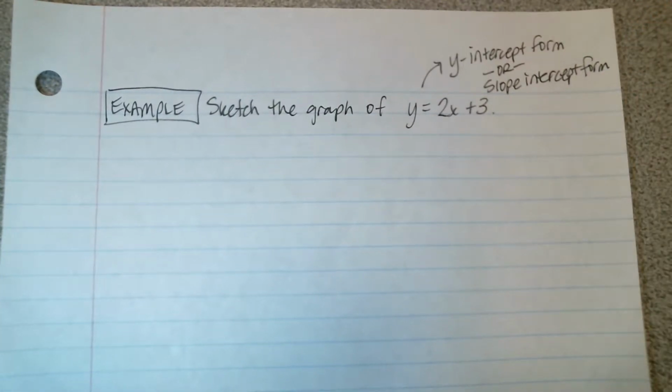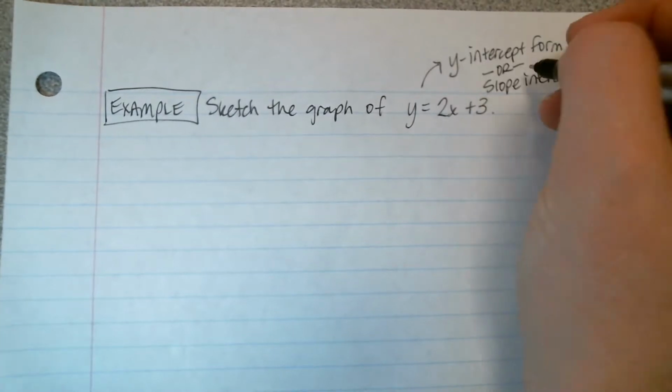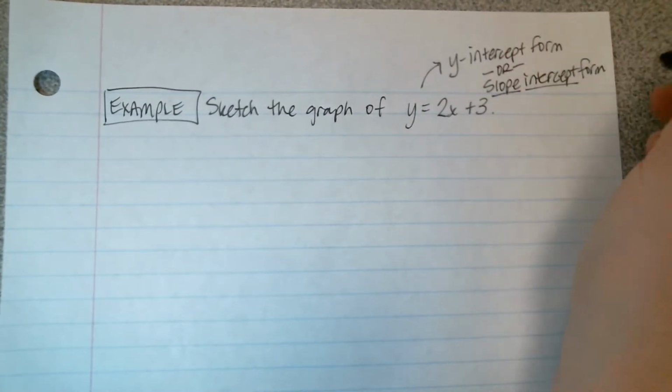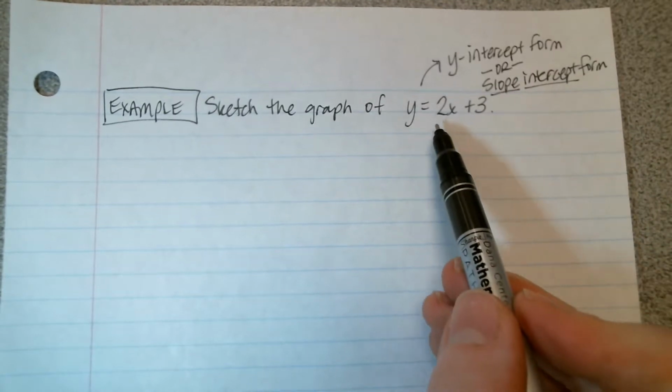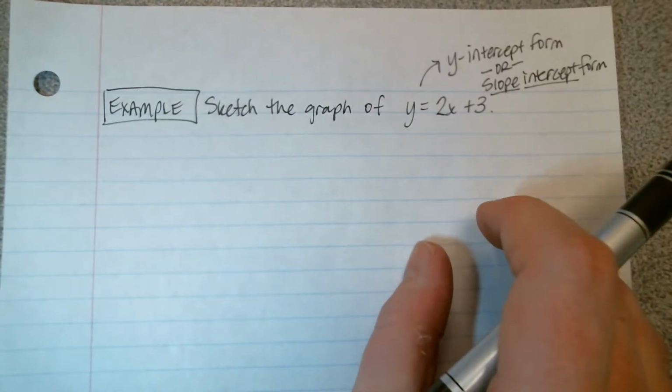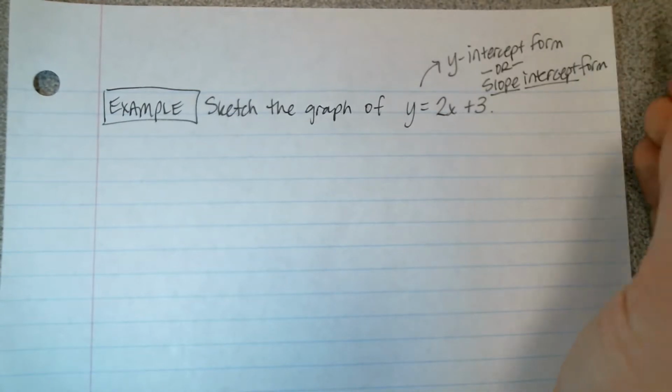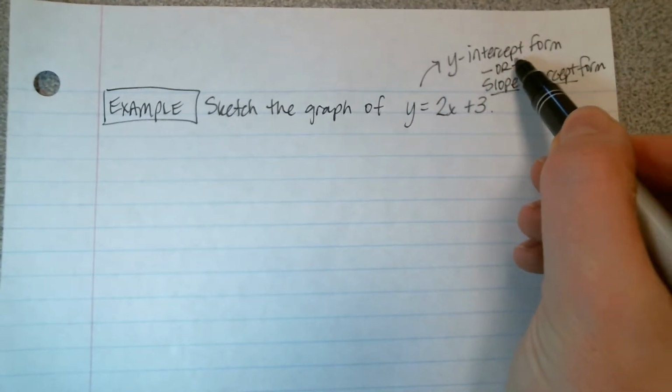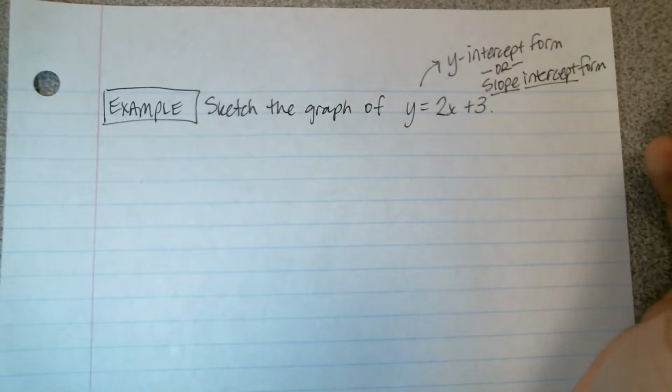Okay, so here's what I like about the second name. The second name tells you that the slope and the intercept are the 2 things that are easily identifiable in this equation. What I like about the first name is that it tells you what kind of intercept that is, right?